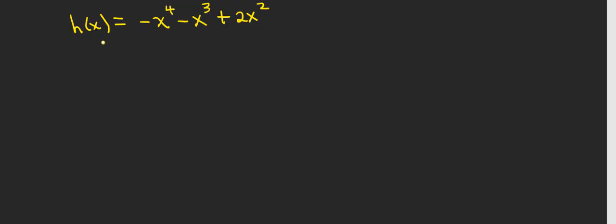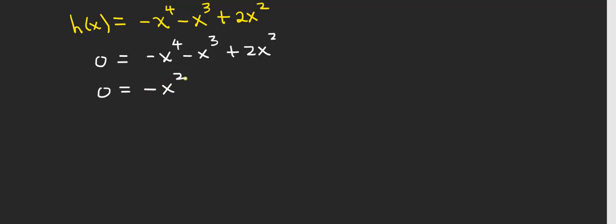Let's solve for real zeros of h of x. So again, we want to set h of x, which represents the y value, equal to 0, and then solve for x. Now, what is a common factor? The common factor will be negative x squared, the greatest common factor.